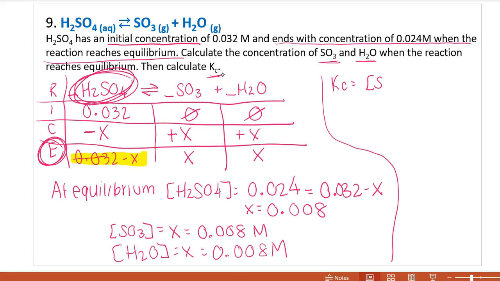So again, it's always going to be products over reactants, each raised to the power equal to their coefficient.